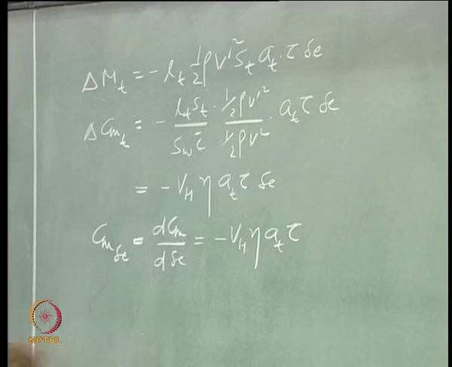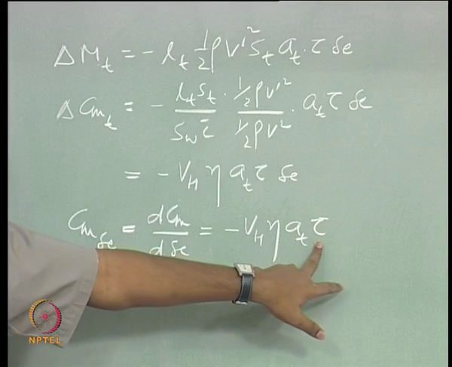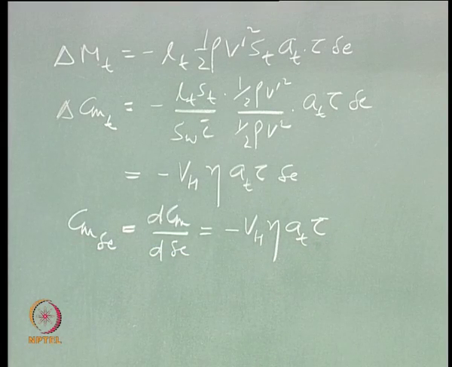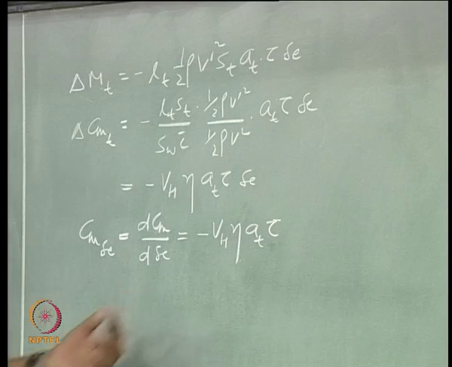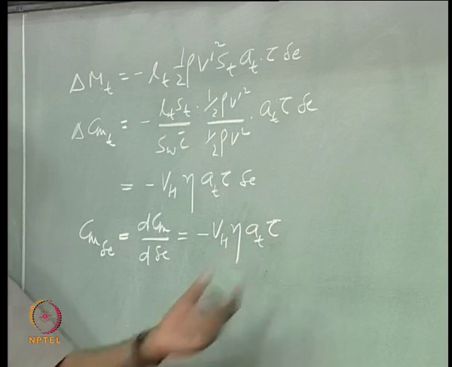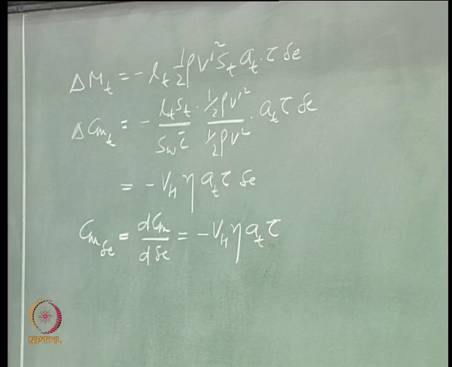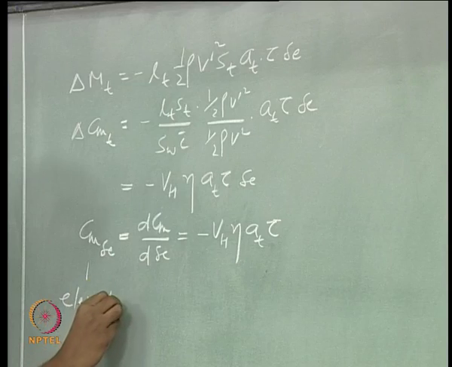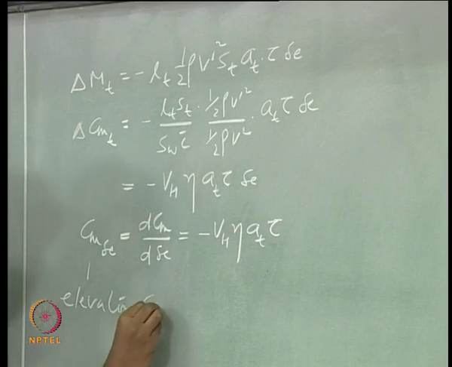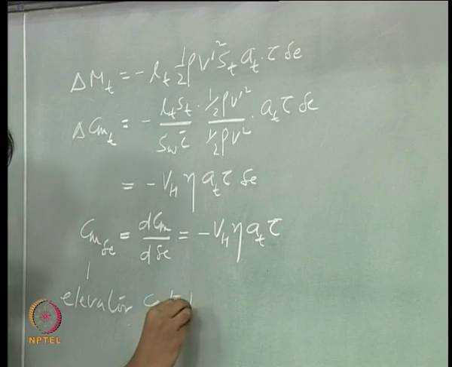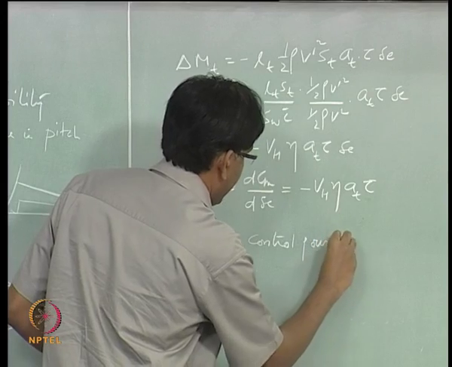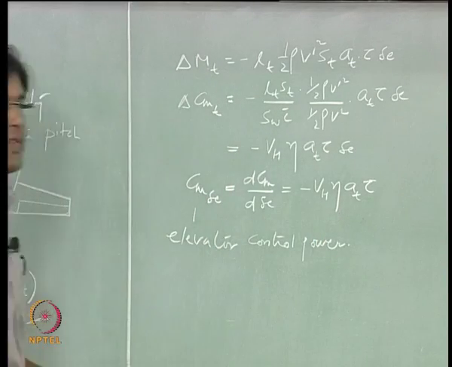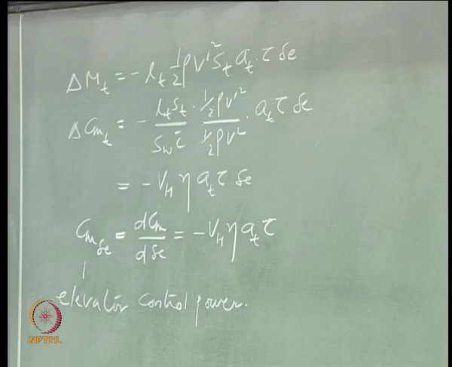You can properly choose this parameter. You can design your control surface in such a fashion that you may want to have large elevator control power, right. So, this term is called elevator control power, okay.